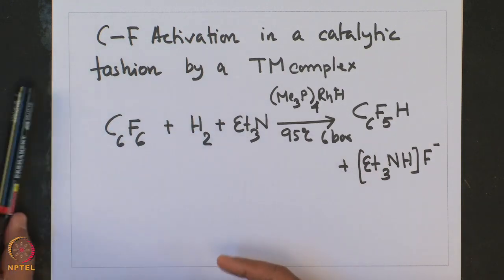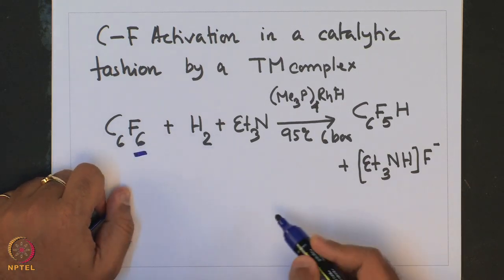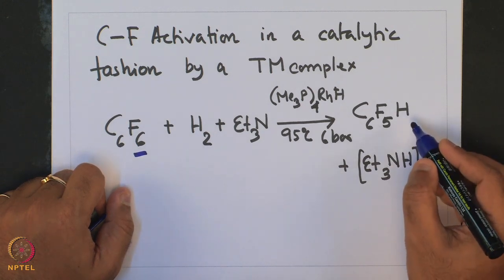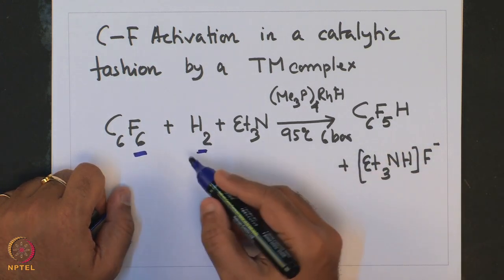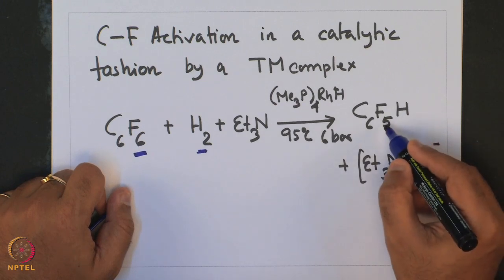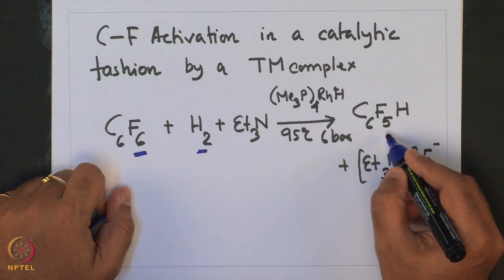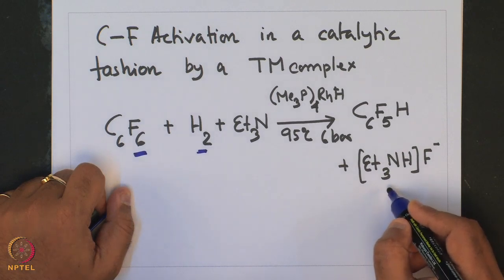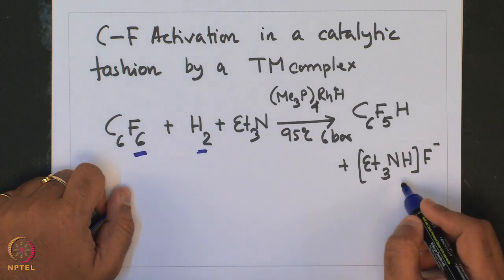To note that one of the CF bonds of perfluorobenzene has been cleaved, and hydrogen activation has occurred and a hydrogen gets attached to it, giving this CF activated product C6F5H and the protonated base fluoride, which is triethyl NH plus.